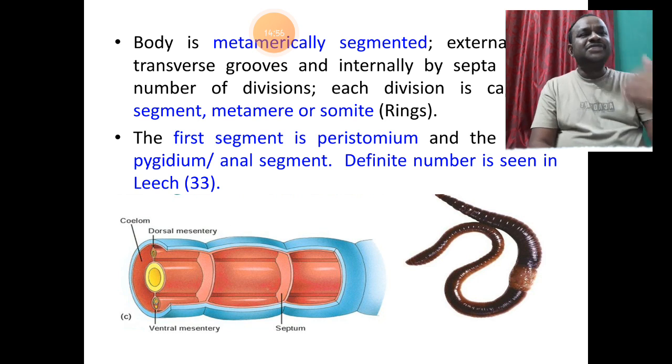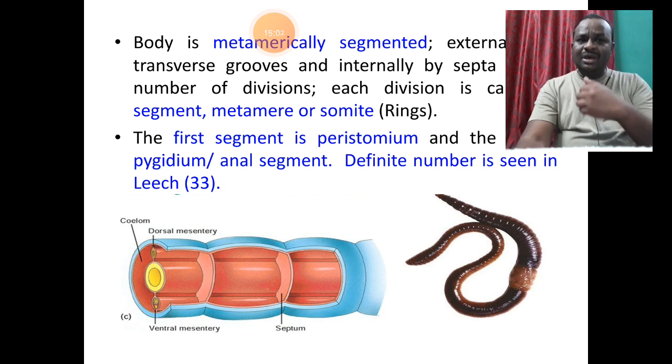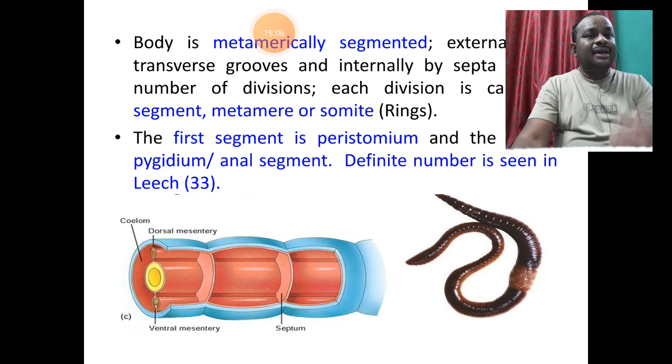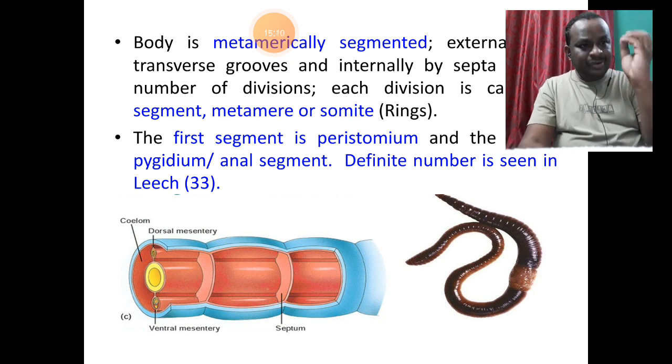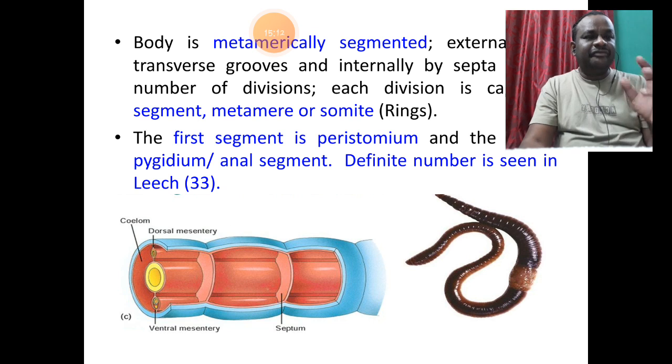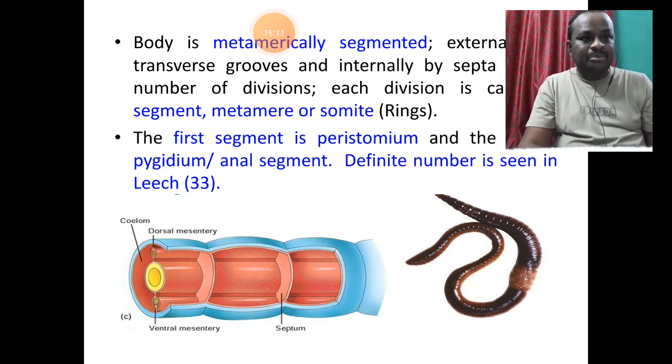Now, the number of segments varies from organism to organism. There are organisms with a definite number of segments, for example, in case of leech. In leech, there are only 33 segments. Whereas in other organisms, the number of segments of the body is not confined to any number.